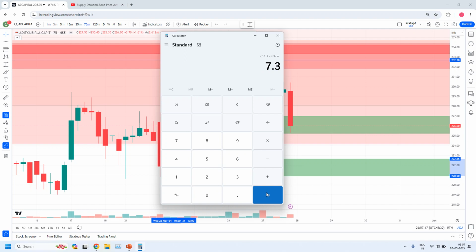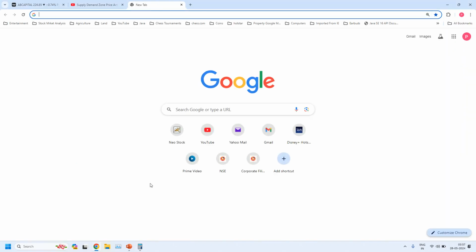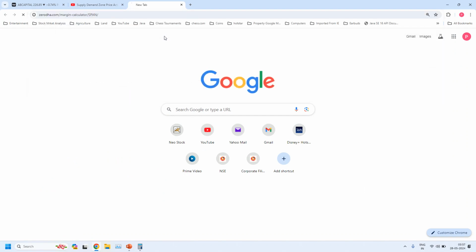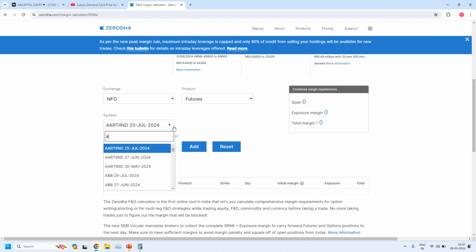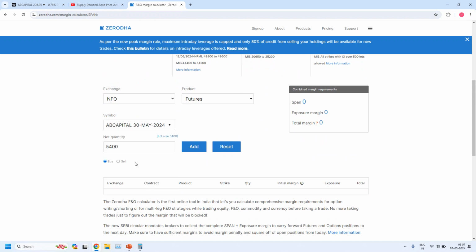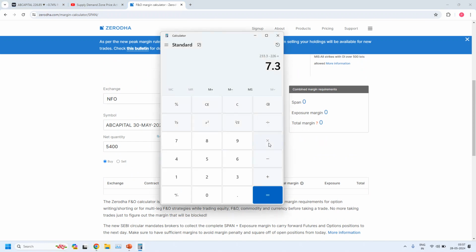Suppose you have taken one futures short, how much profit would you have got already? This is AB Capital. What is the lot size? 5,400. Into 5,400, you got 39,420 rupees profit during intraday itself.